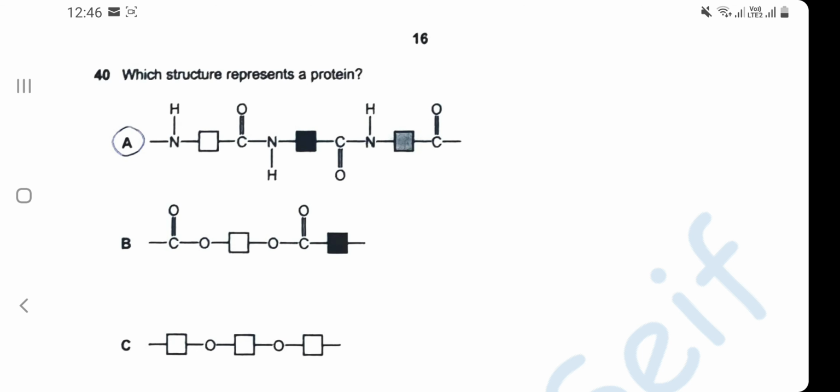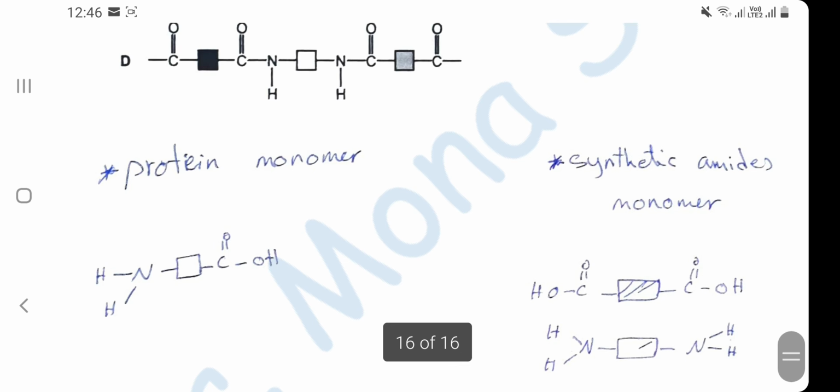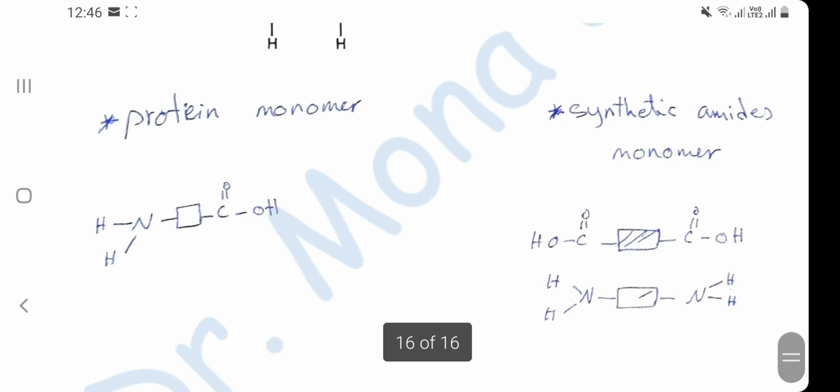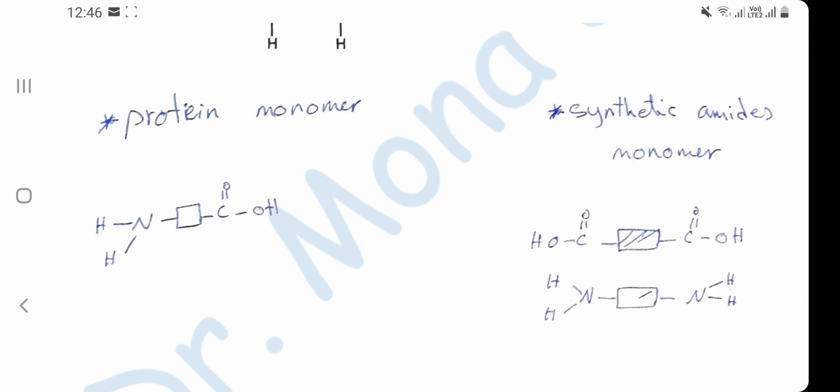To easily distinguish between protein and other synthetic amide molecules or amide polymers, we have to know the shape of the monomer. Protein monomer, as shown here, has two different groups at its two different ends. One end has a carboxylic ending, COOH, and the other end of the protein has an amino group, NH2.